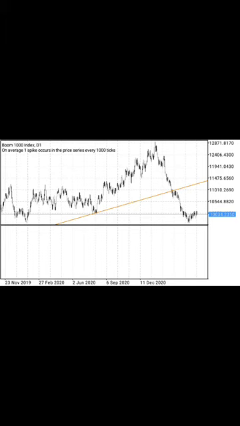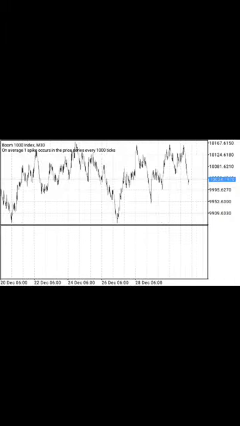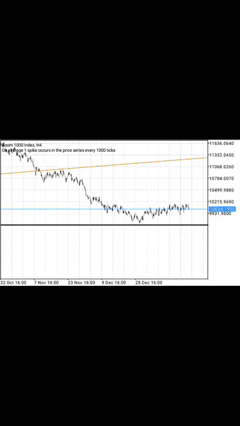Now, inner trend lines are usually minor trend lines. I call them minor trend lines because, sorry for that, because they are plotted on time frames that are lower than where the major trend lines are. Please, I repeat that point. They are plotted on time frames that are lower than where the major trend lines are.